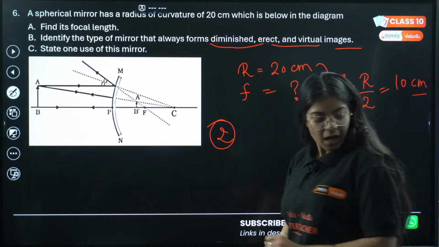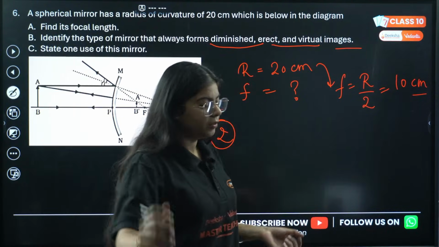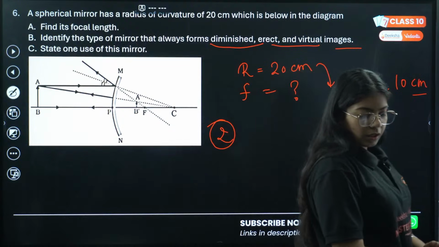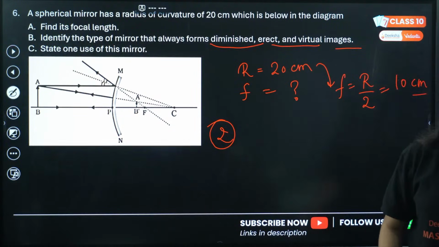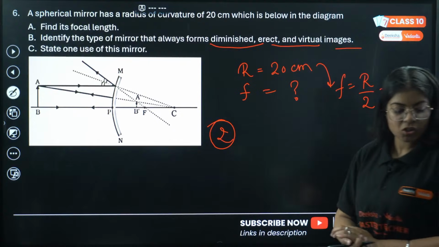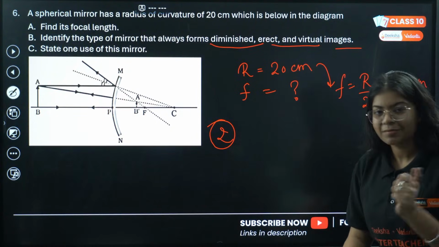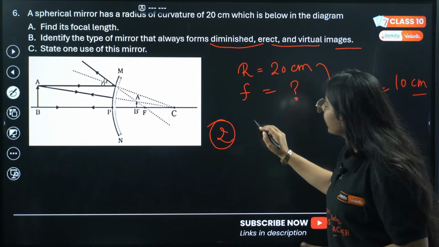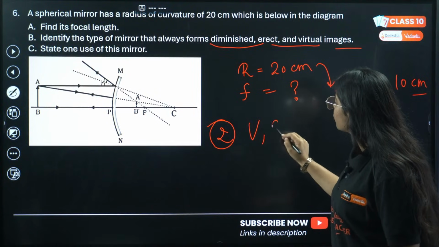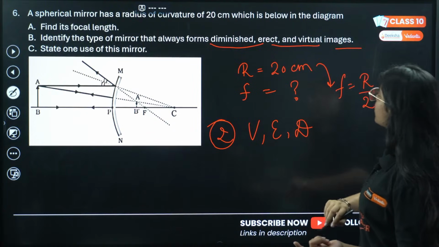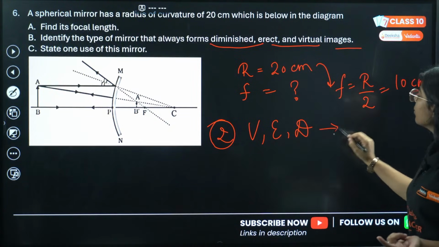Others, what are you saying? Parth also said 10. Very good. Trev is also saying convex mirror. Okay, you two are correct. So the mirror that always forms virtual, erect, and diminished image is convex mirror.